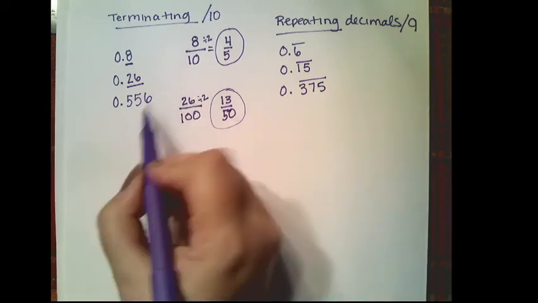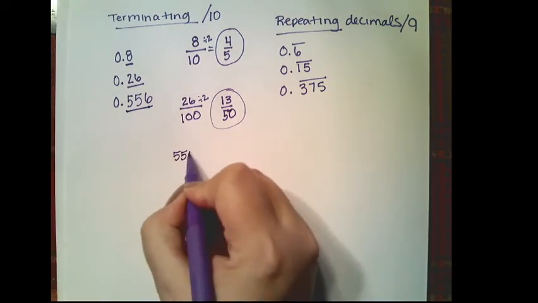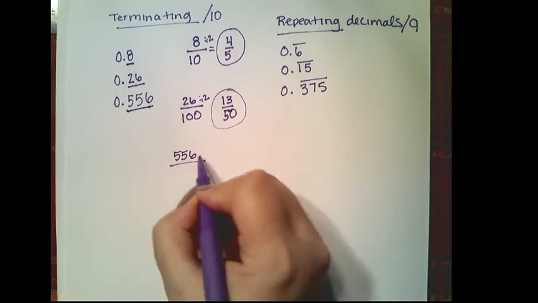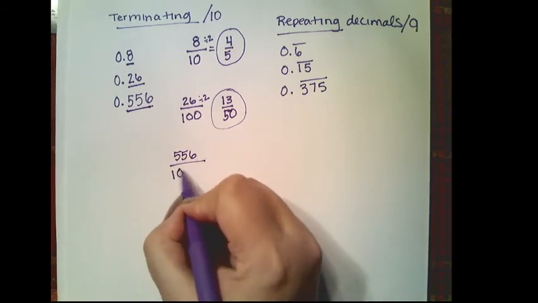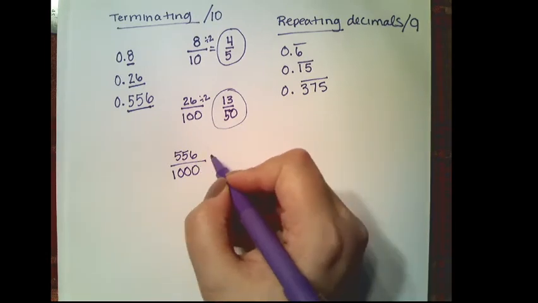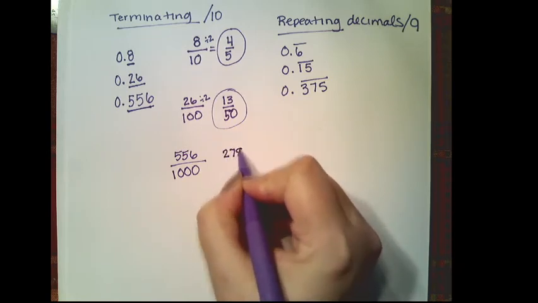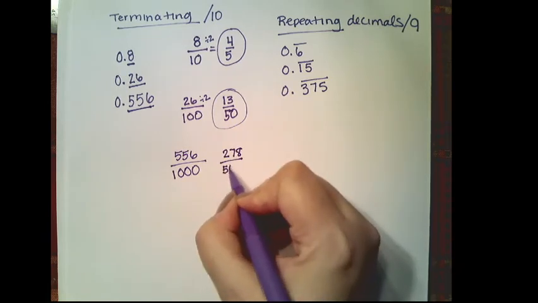And then next, we have 556 out of 1, 2, 3 numbers. That means 3 zeros. And this one is probably going to take a couple different tries to simplify. So if I take 556 divided by 2, we have 278 over 500.